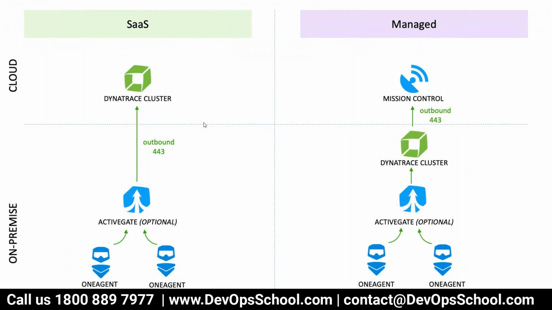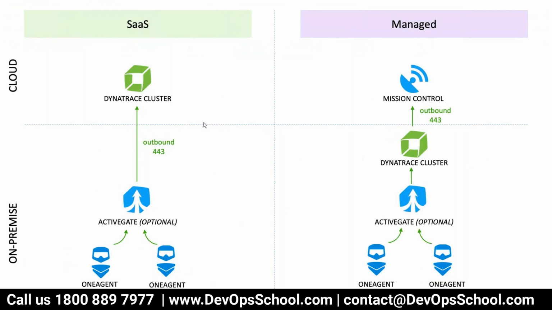That means incoming and outbound is 443, mind it. Because it's an internet outgoing connection, ActiveGate is not important unless you bar all the outgoing connections. That is a different thing, but most of the time you don't bar the outgoing connections. So ActiveGate is optional.